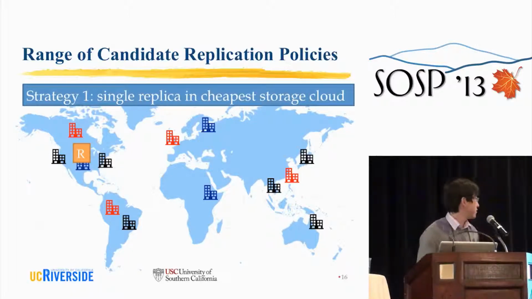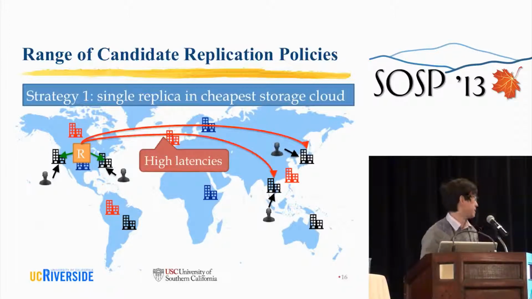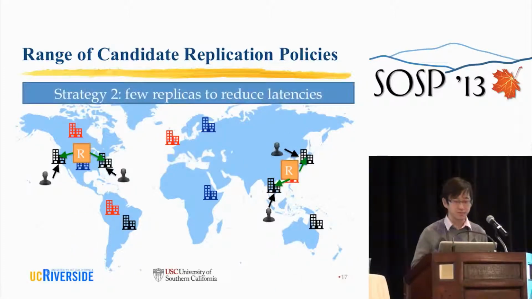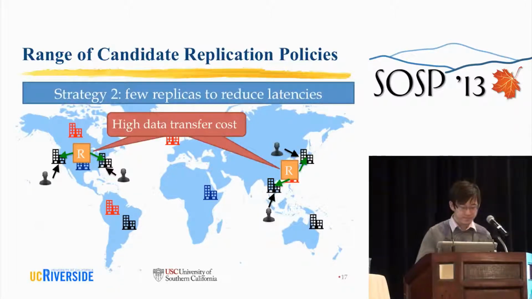But if this object receives more GET requests, and some of the requests might see very high latency and violate the latency SLOs, then to reduce this high latency, one thing we can do is to pick a few data centers with a cheap request cost and store the data there. But this will only be cost effective if the object size is small. If the object size is big, this will incur very high data transfer cost.